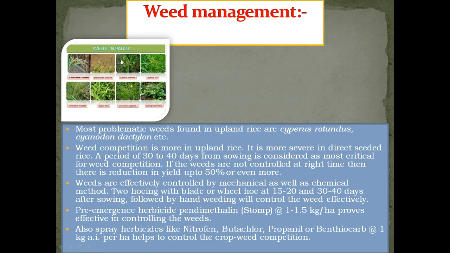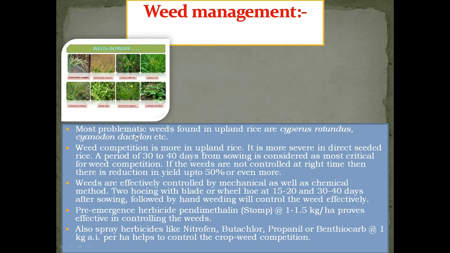Other types of weeds are also found. Echinochloa crusgalli and Echinochloa colonum are the two important weeds especially found in upland rice, followed by Eclipta alba and Monochoria vaginalis. These are the different weeds found in rice cultivation.